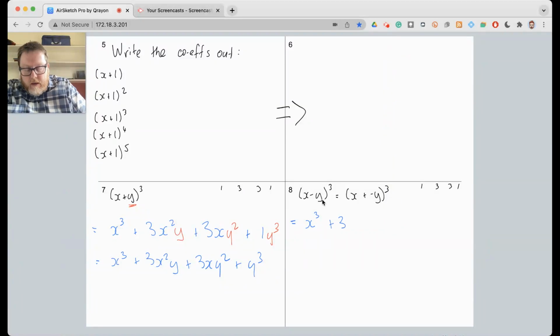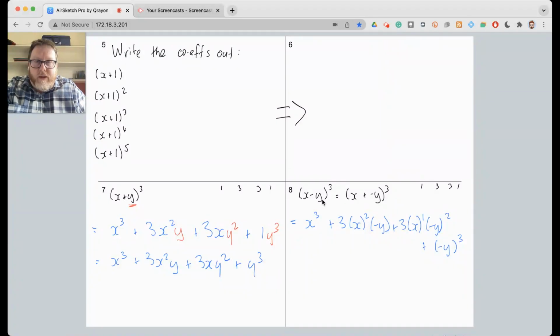And then we've got 3, and then I'm going to use my bracket notation again instead of multiplication. 3 multiplied by x to the power of 2 multiplied by minus y to the power of 1, and we're not going to write the 1 in, plus 3x, go down 1 power, minus y squared, plus 1 multiplied by x to the power of 0, we're not going to write it in, multiplied by negative y to the power of 3.